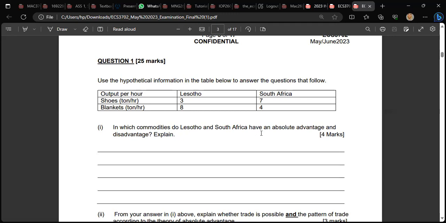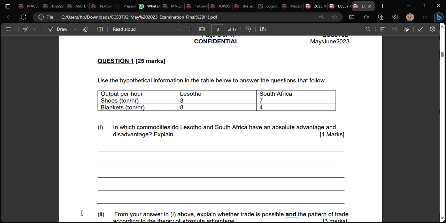In order for countries to engage in beneficial trade, one country must have an absolute advantage in the production of one commodity, while the other country has an absolute disadvantage in that commodity, and then vice versa. Under those circumstances, countries can engage in beneficial trade. I think you'll recall, if you have checked the video, we're talking about trade being a non-zero sum game, according to Adam Smith, that both parties need to gain in trade.